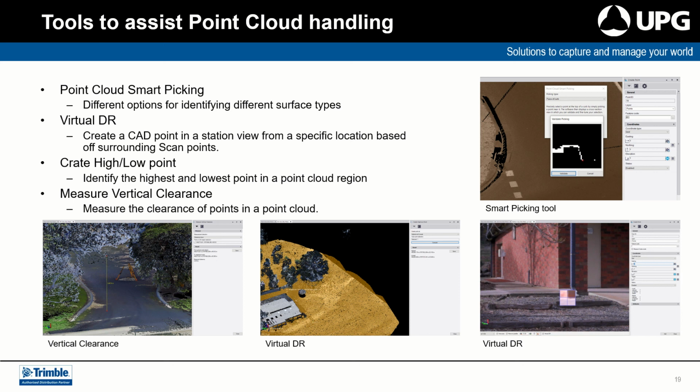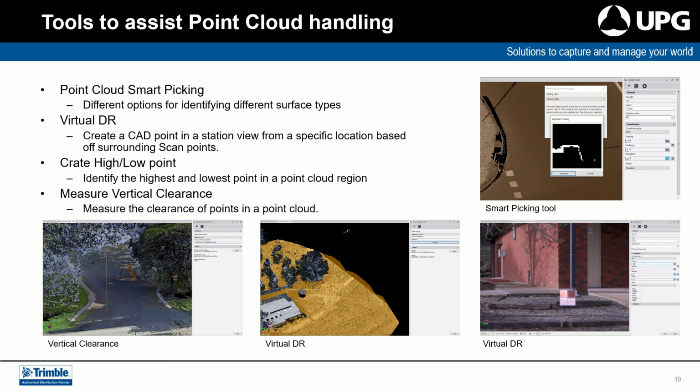There's also the virtual DR option, which is in the bottom right hand corner of this view. This is the only way that you can create a new CAD point from the scan data that hasn't physically been measured. So what the virtual DR tool will do, and it can only be available when you've ticked this on, when you're creating a CAD point in the station view, is when you go to select that point, a little box will come up from the image behind.